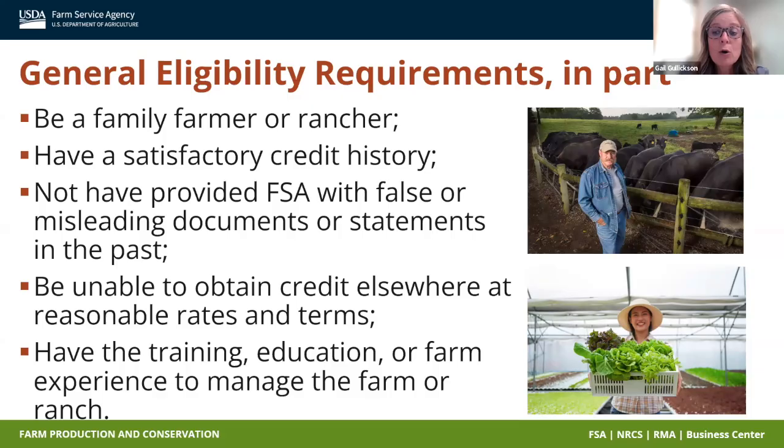However, no history of credit transactions by the applicant does not automatically indicate an unacceptable credit history. And as part of the credit history, the agency will determine whether the applicant has properly fulfilled its obligations to other parties, including other government agencies and FSA. Also, the applicant must be unable to obtain sufficient credit elsewhere to finance actual needs at reasonable rates and terms. So keep that in mind.